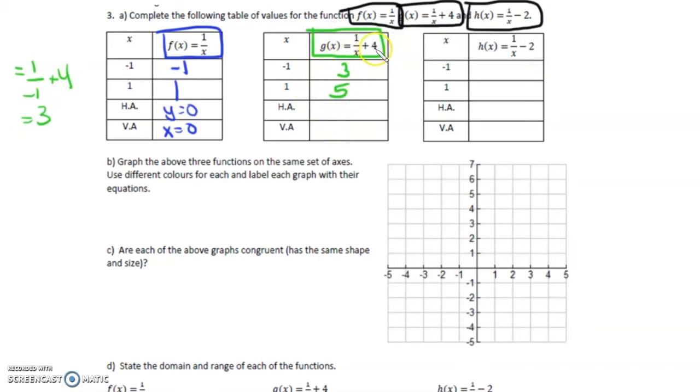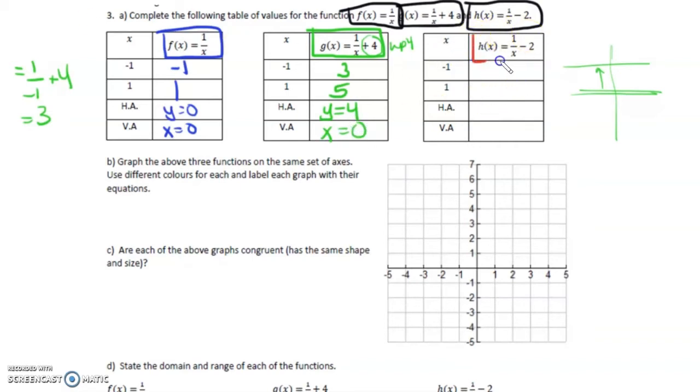Okay, so here's the thing. This is going up 4. That's going to affect our horizontal asymptote. So our horizontal asymptote is going to move up 4. So our new horizontal asymptote is y equals 4. Our vertical asymptote stays the same.